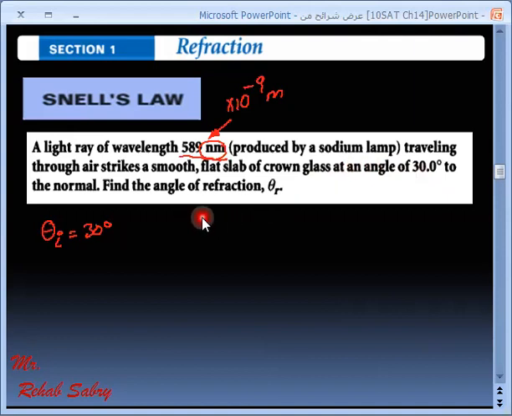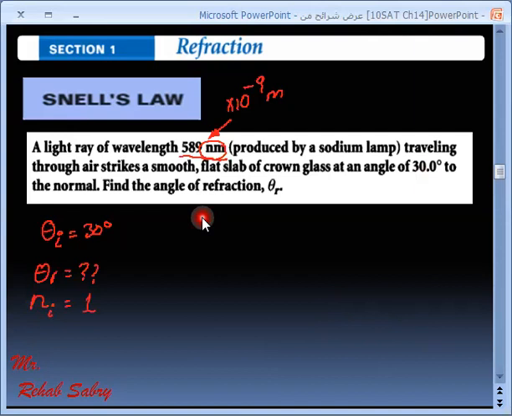Well, find the angle of refraction. So theta R is required. Someone may tell me, Mr., there are missing givens. Yes, but one of them we know well, which is Ni of air. It's one.